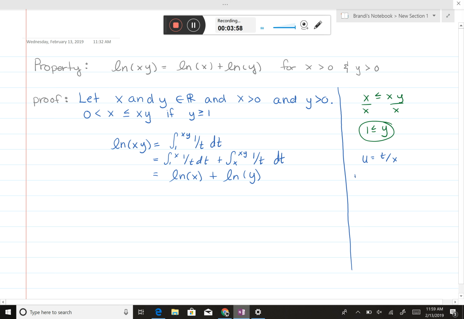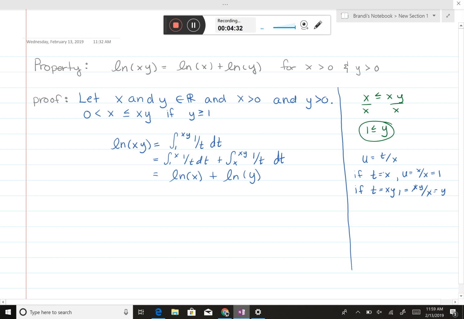Well, that means if we were going from x to xy, so if t is equal to x, then u would be x over x, which is equal to 1. If t is equal to xy, then u is equal to xy over x, which is just equal to y. So our limits of integration will be correct.